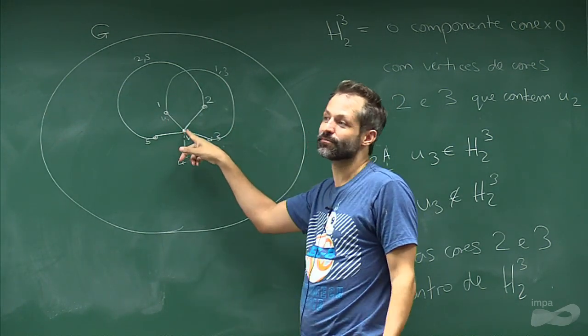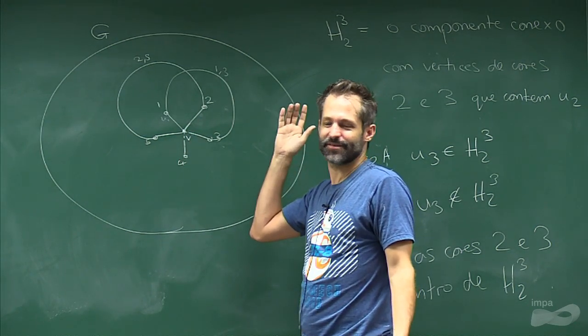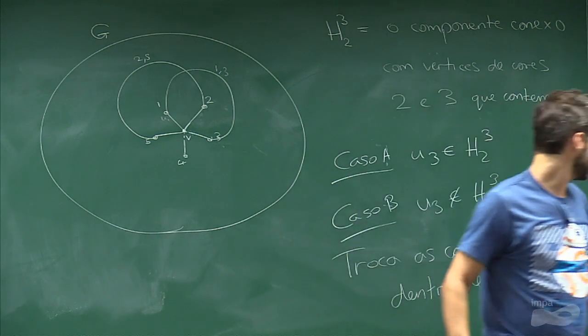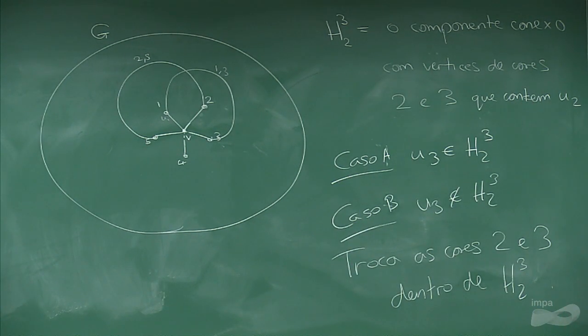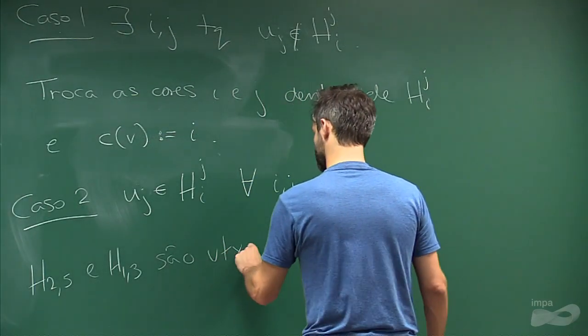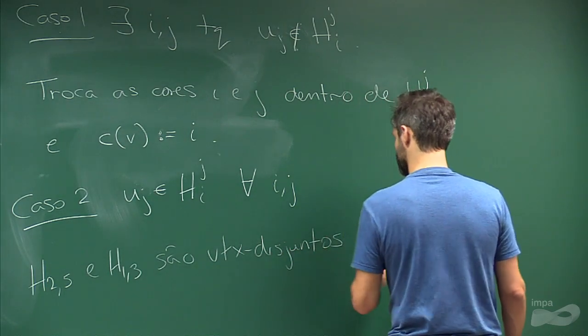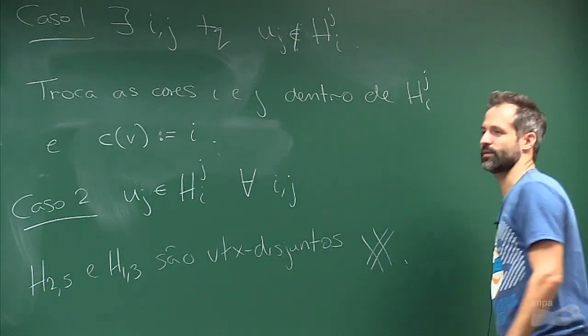And they can't use V. So there's a contradiction. Okay? So H25 and H13 are vertex disjoint. There's a contradiction.